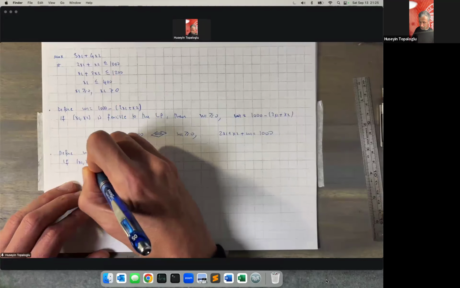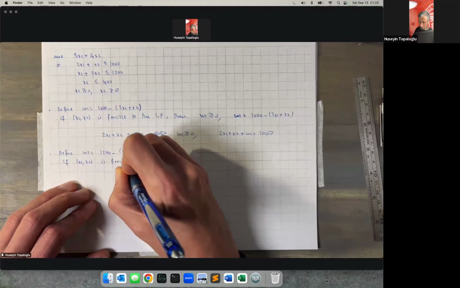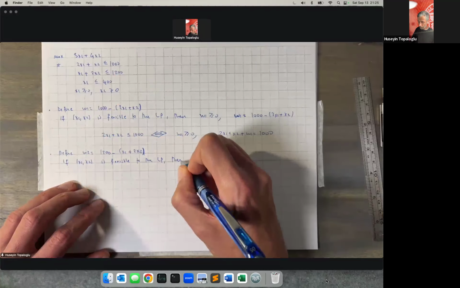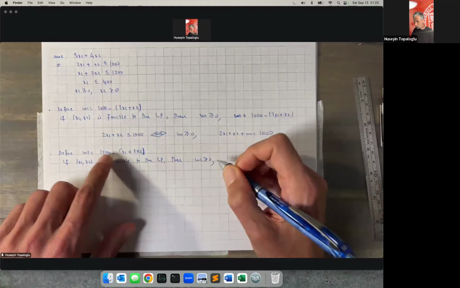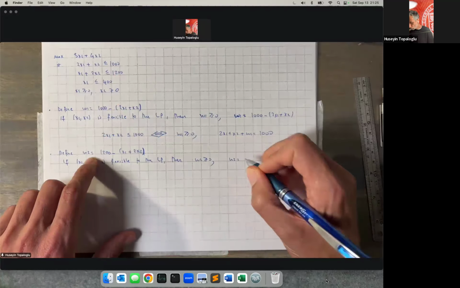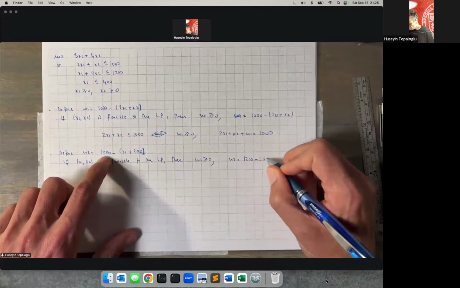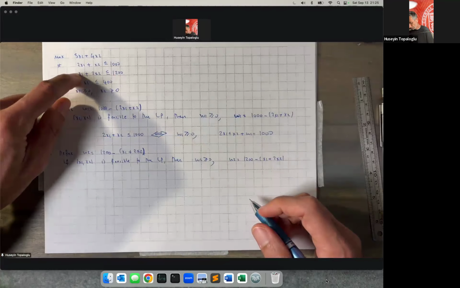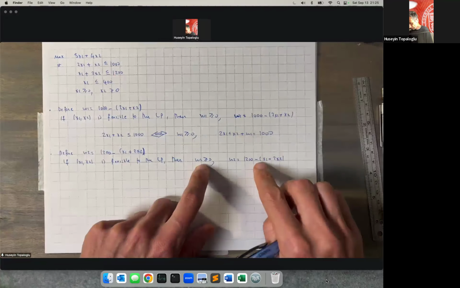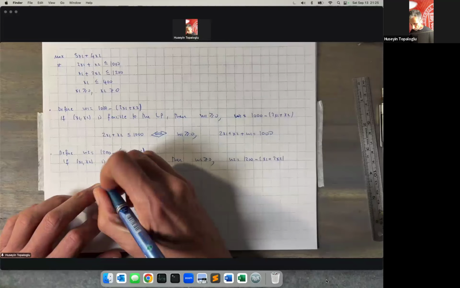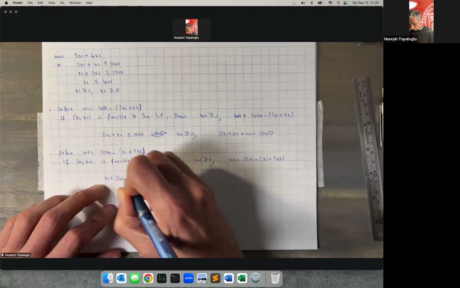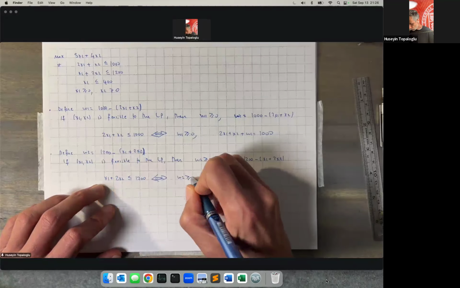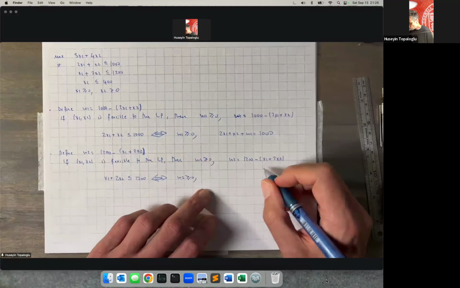So now let's write down if x1 and x2 is feasible to the LP, then W2 has to be non-negative, and W2 is defined in this way. So that means that we can replace the second inequality constraint by W2 is non-negative, and W2 is defined in this way. So the second inequality constraint can equivalently be written as W2 is non-negative, and W2 is defined in this way.